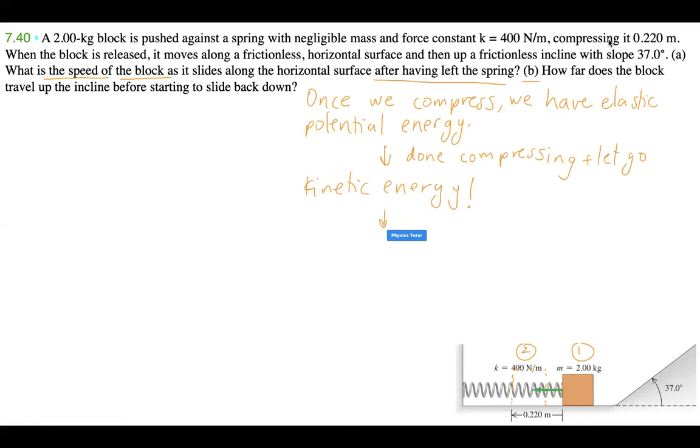While we still have all this kinetic energy, it goes up and turns into gravitational potential energy. So it goes from kinetic energy to gravitational potential energy, and at some point, all the kinetic energy turns into gravitational potential energy.